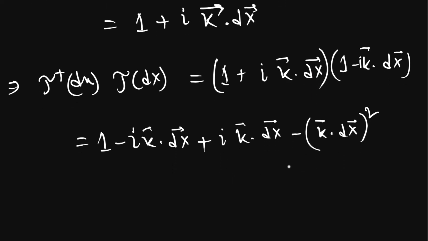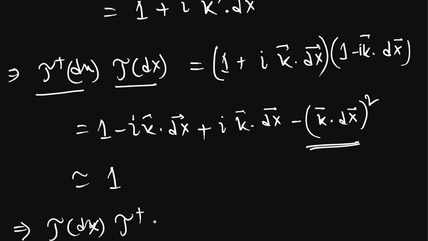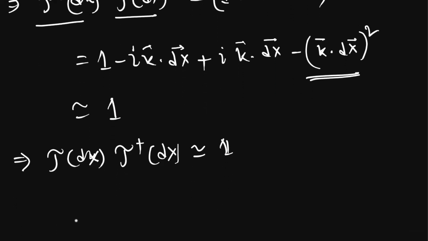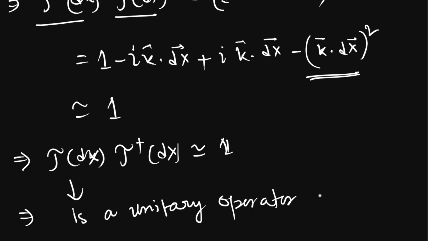If we ignore the second order term of dx, since dx is infinitesimal, then we will get 1. That means tau dagger dx into tau dx is equal to 1. Similarly, we get tau dx into tau dagger dx is 1. That means tau is a unitary operator in the limit when dx is very small.